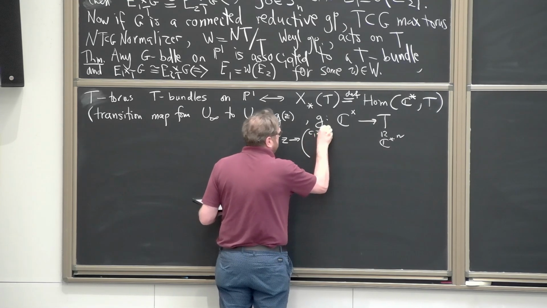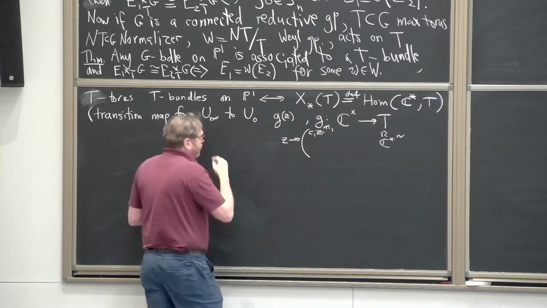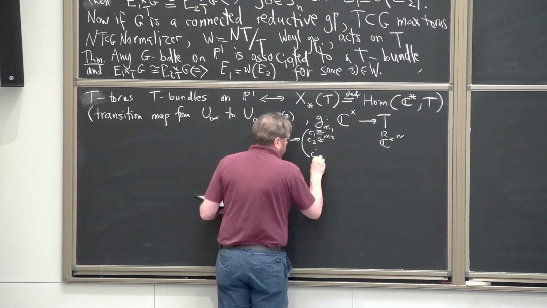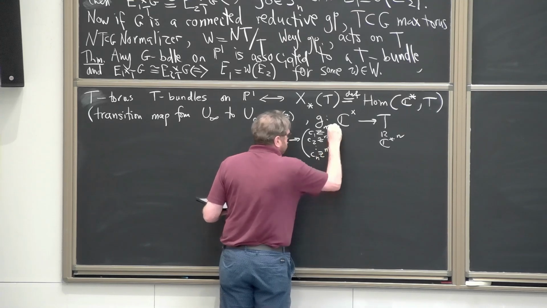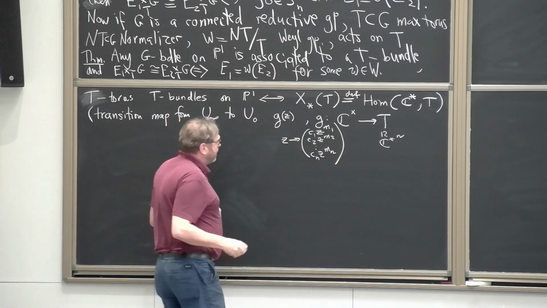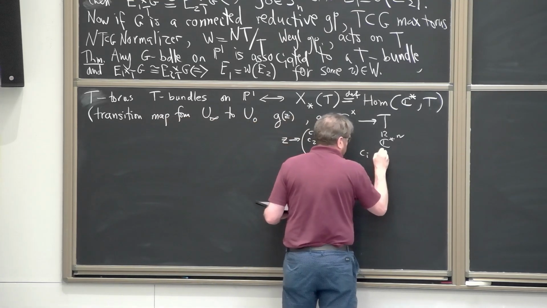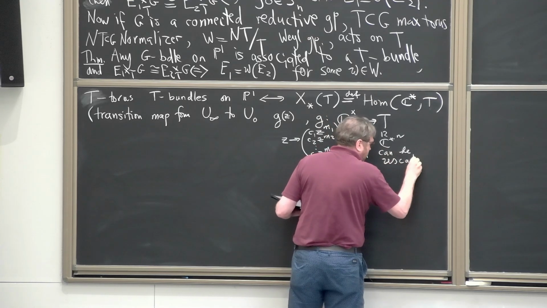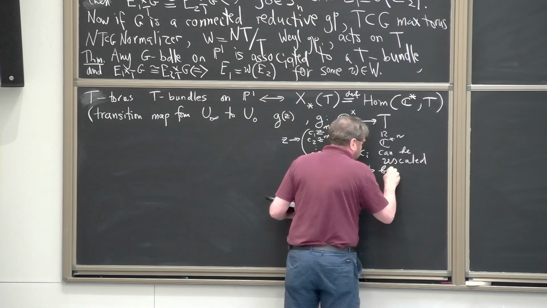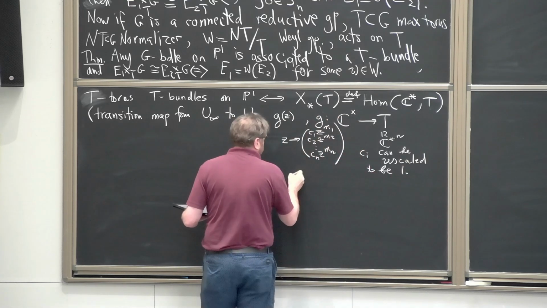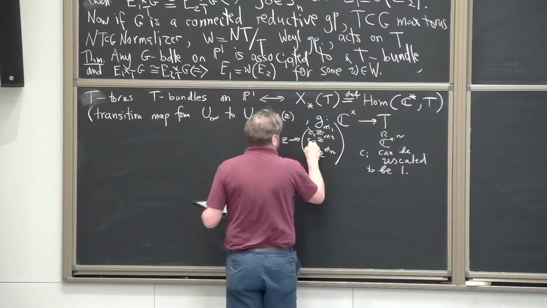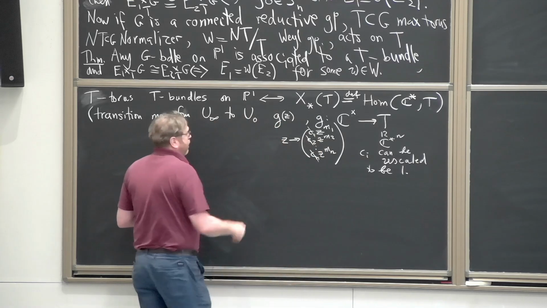So we're going to have C1 Z to the M1, C2 Z to the M2, Cn Z to the Mn. And these constants are non-zero, and they can be rescaled to be 1. And so in this case, we just get, without these constants, a group homomorphism.